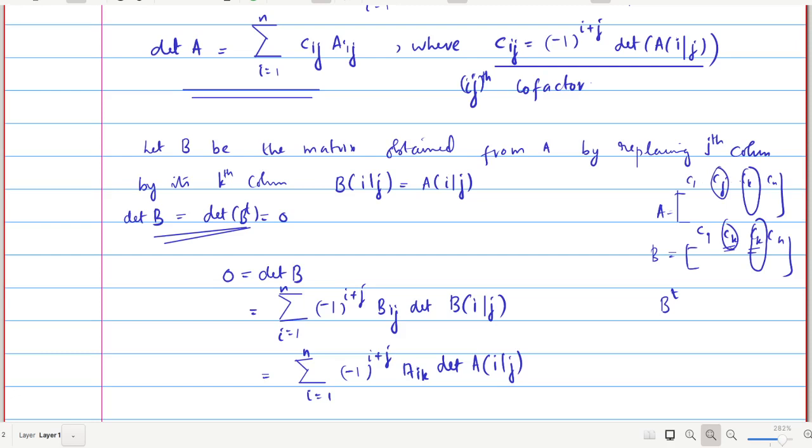When you remove these two columns from these two matrices, the remaining part will be the same. So when you remove the ith row from the resultant matrices, we get this matrix.